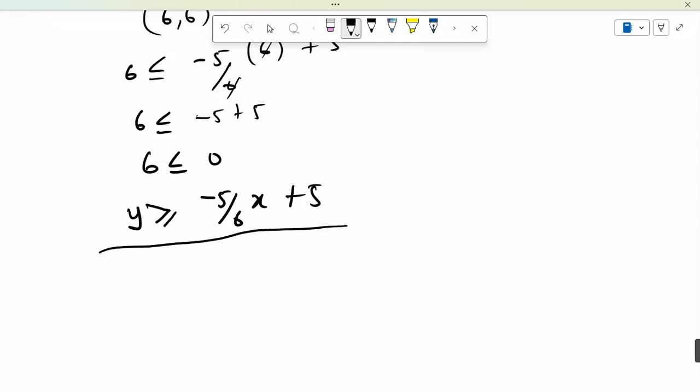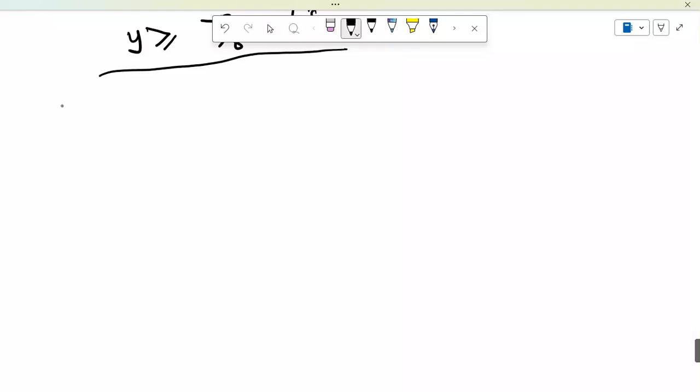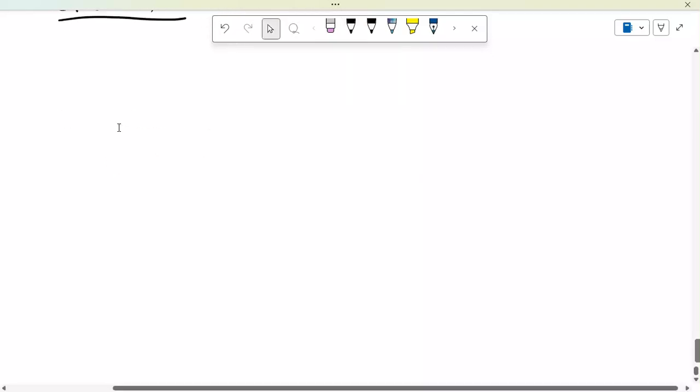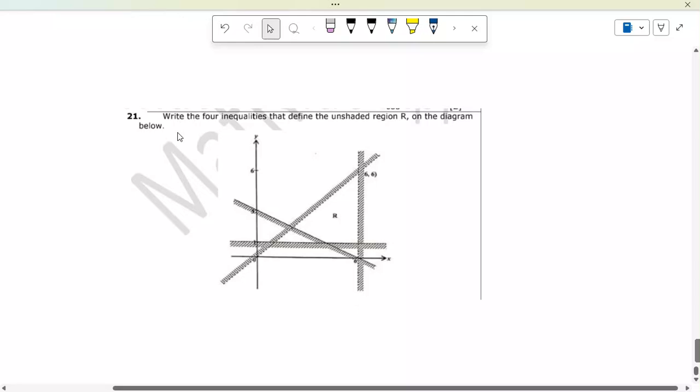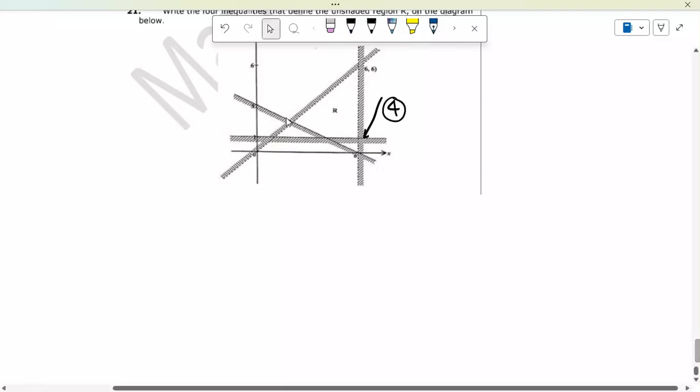Okay, next let's go to the inequality for line 4. Line 4, as I labeled at the beginning, is this line. If you see, this line is not slanted, it's just passing at this point.